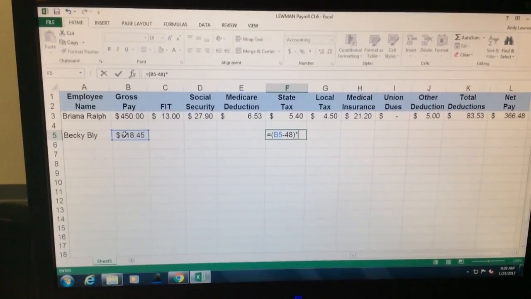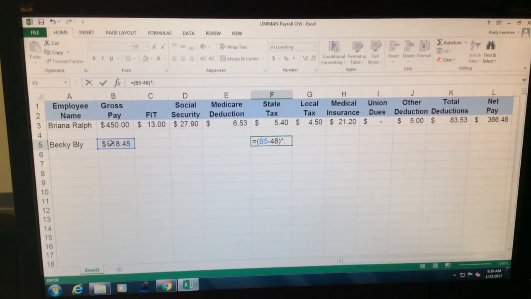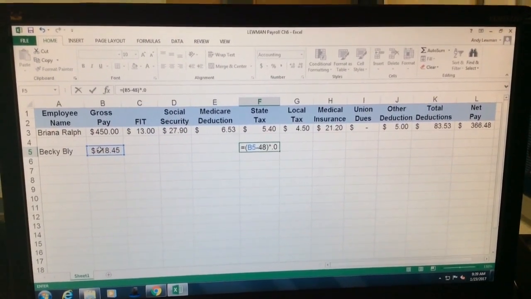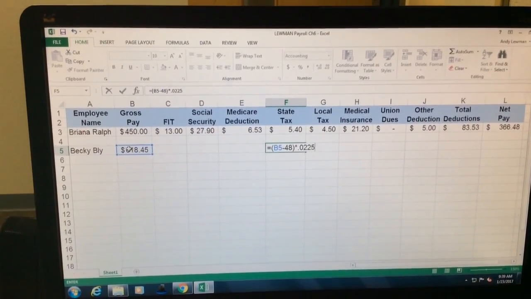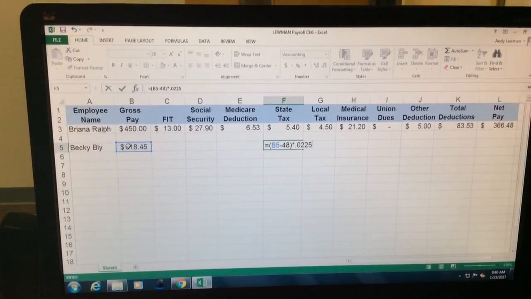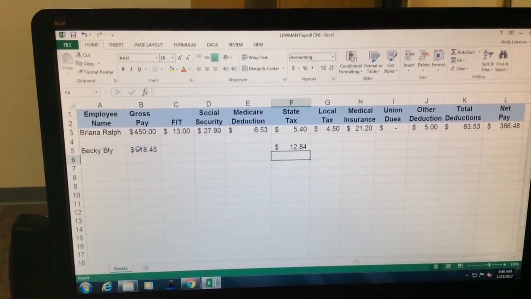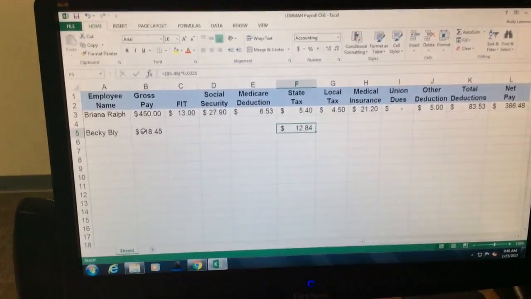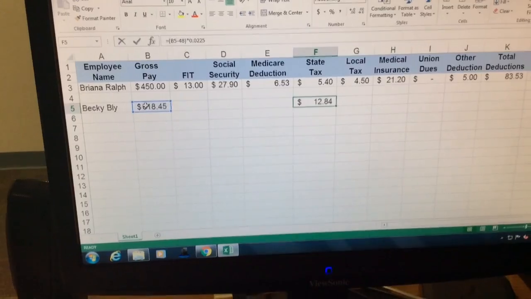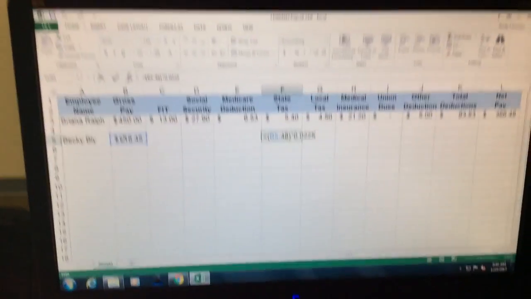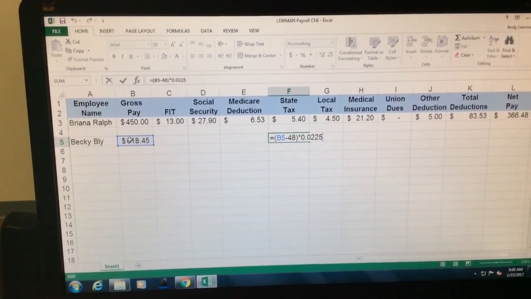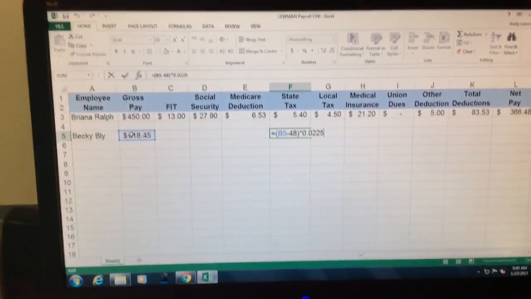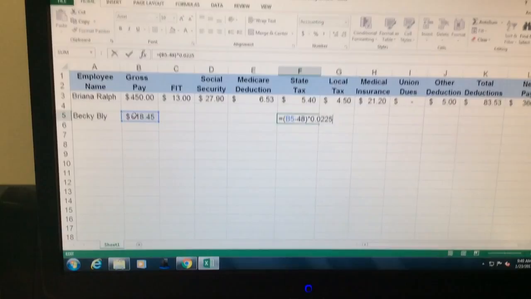And then you're going to take that times 0.0225 for the percentage, because it is 2.25%. That means her state tax will come out to $1,284. Again, the formula is gross pay minus the $48 of exemptions times the 2.25% to get her state tax.